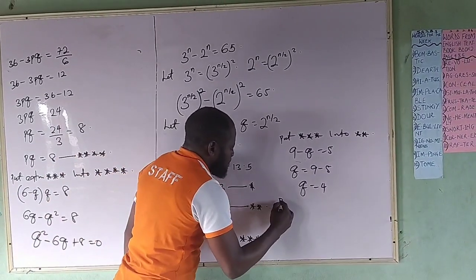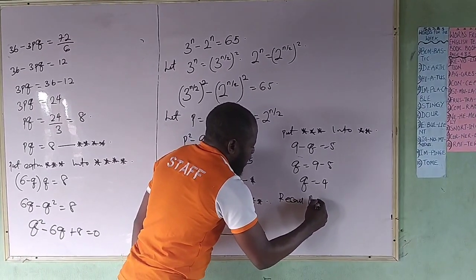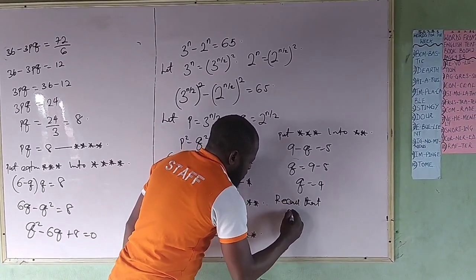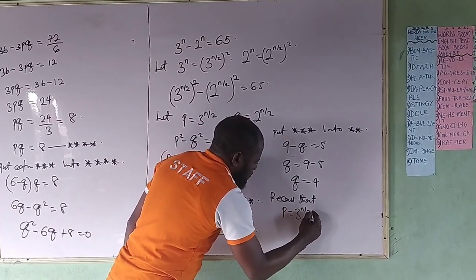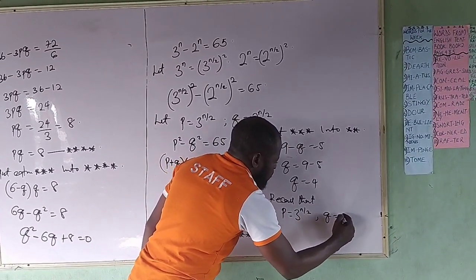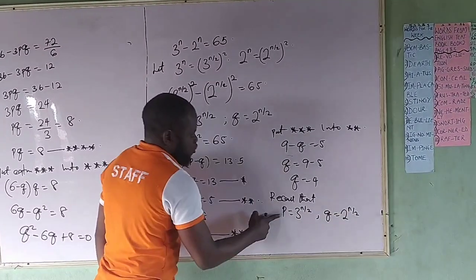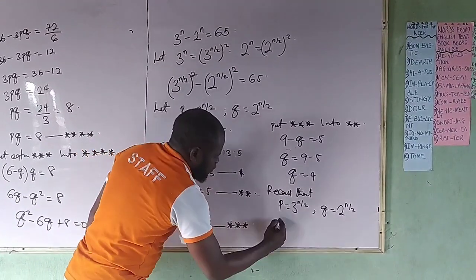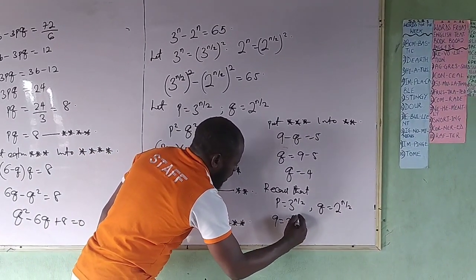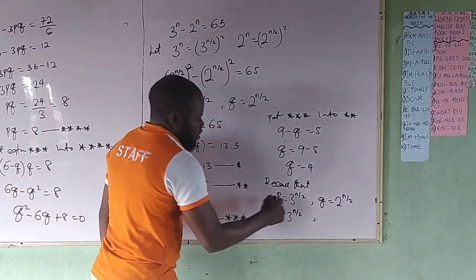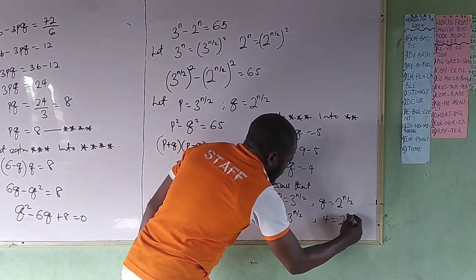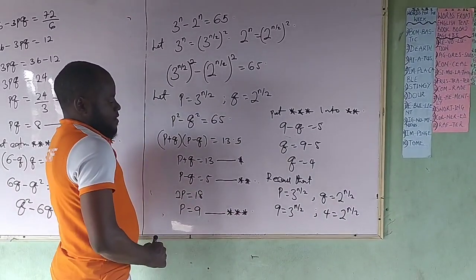Recall that p equals 3 to the power of n over 2, and q equals 2 to the power of n over 2. So p is 9, so we have 9 equal 3 to the power of n over 2, and q is 4, so we have 4 equal 2 raised to the power of n over 2.